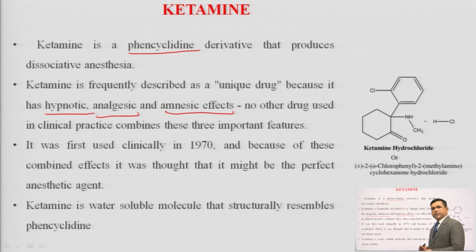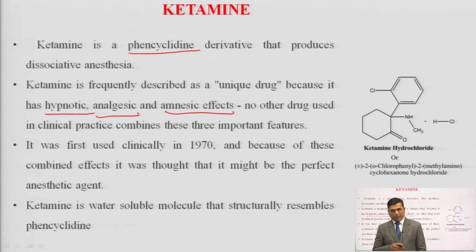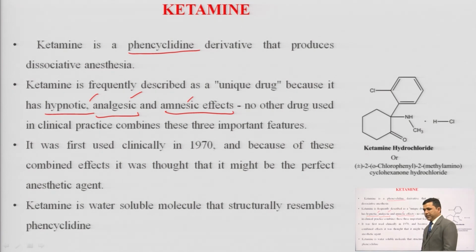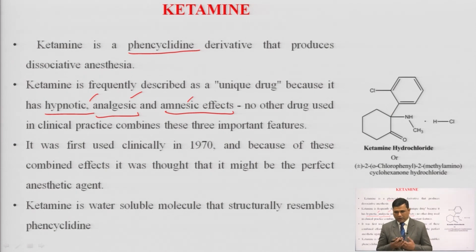Ketamine was first clinically used in the 1970s because of these combined effects, and it was thought that it might be the perfect anesthetic agent, because it shows hypnotic, analgesic and amnesic effects.